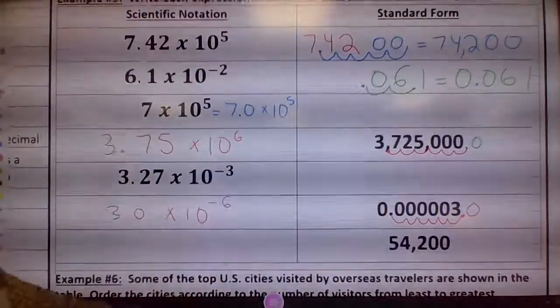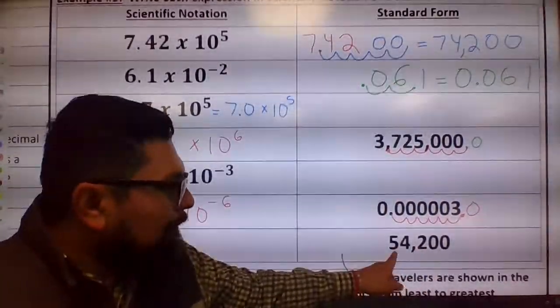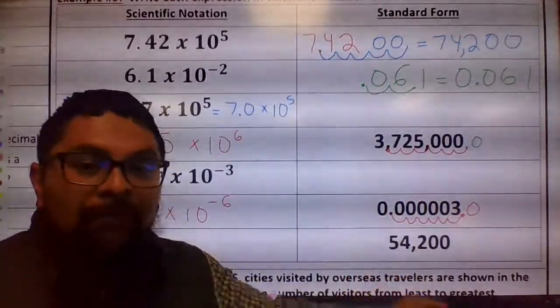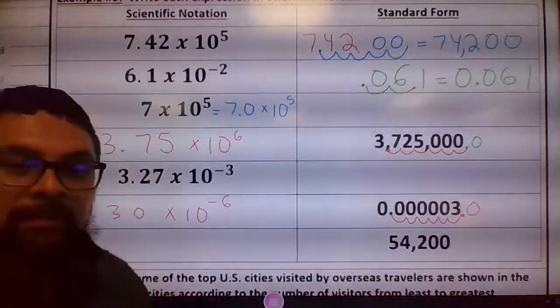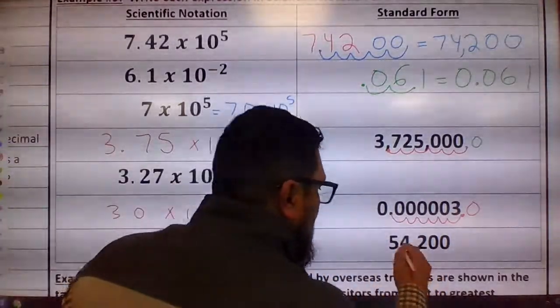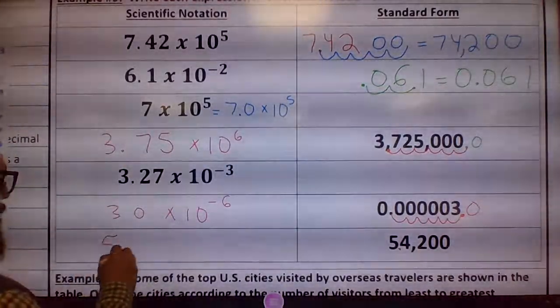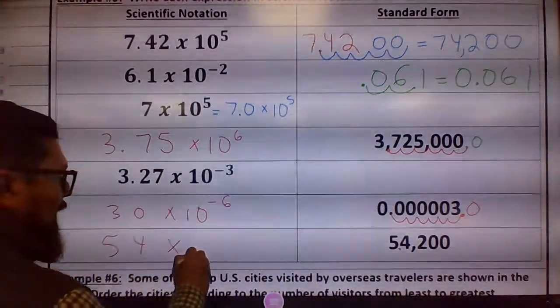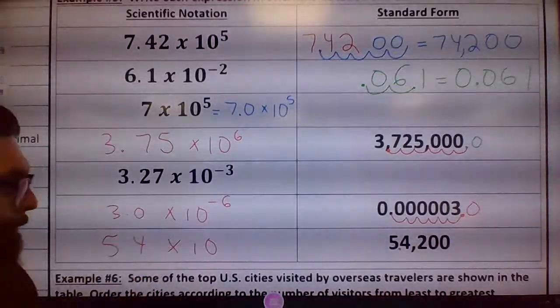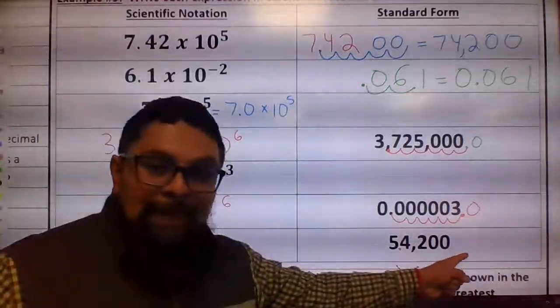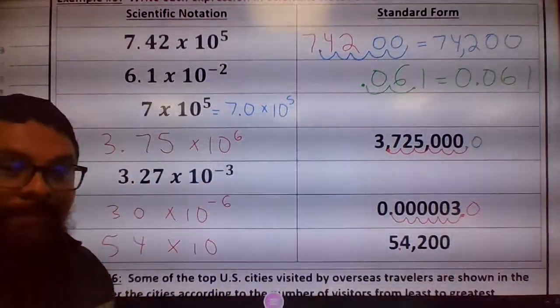So let's go ahead and do the last one. It looks like the decimal is going to be between 5 and 4, yes? Because between 5 and 4 is between 1 and 10, yes? Because that's the rule. So it's going to be right here. So this is going to be 5.4 times 10 to the something. If it moves to the right, how many times is it going to move?